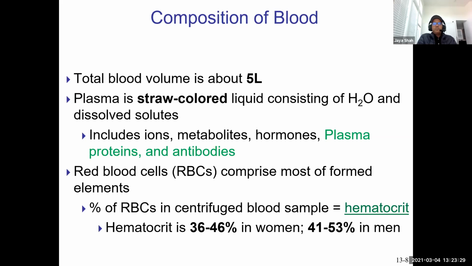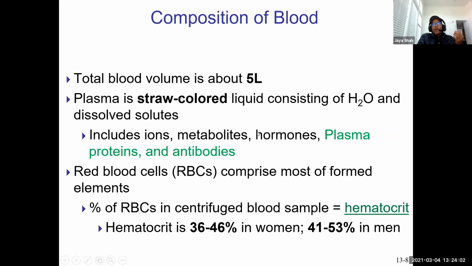And the plasma is the liquid portion of blood, which is a straw color, which contains water and dissolved solids. The solid particles of the plasma include ions. Examples of ions are calcium, potassium, magnesium, chloride, bicarbonate, and hydrogen ions. And then metabolites.